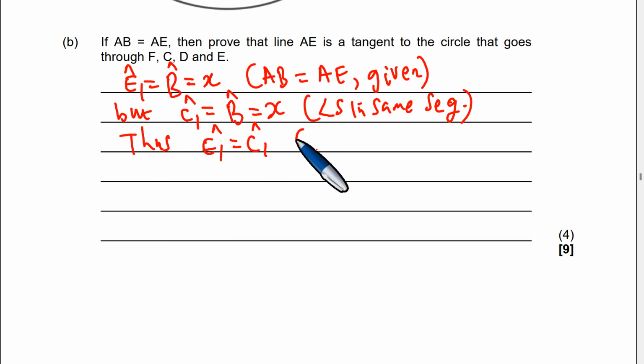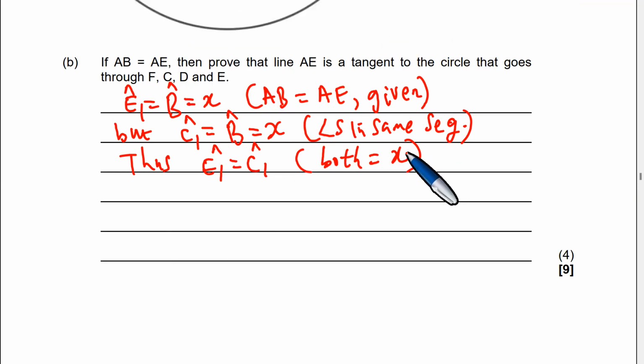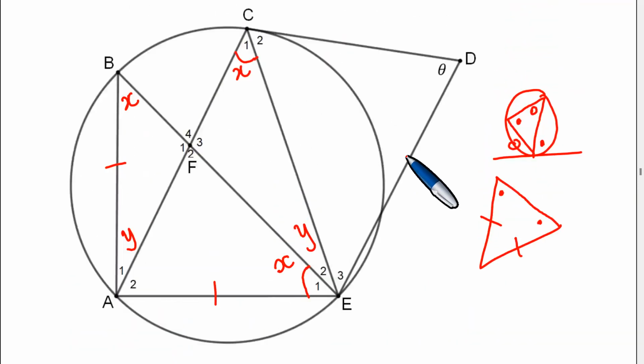Why is E1 equal to angle C1? Because they're both equal to X. If they're both equal to X, then we're excited because these guys are equal to each other.